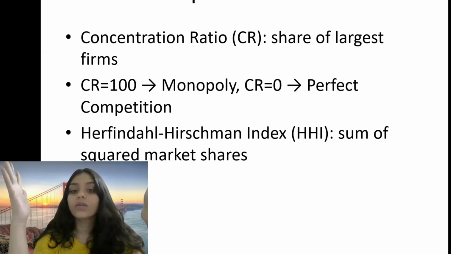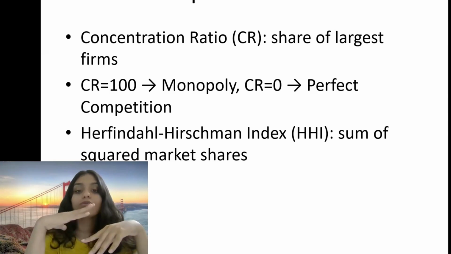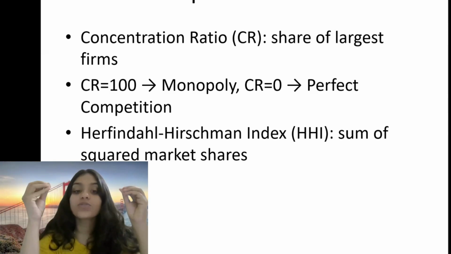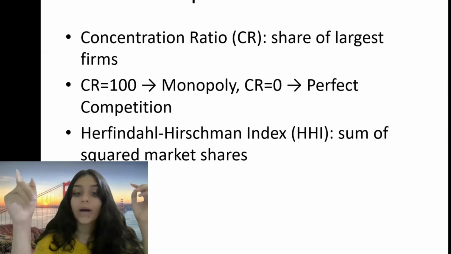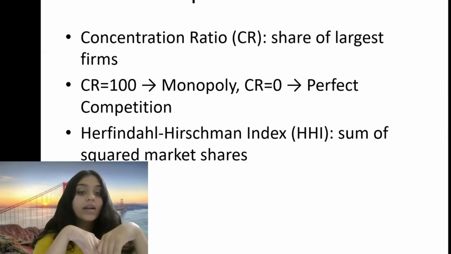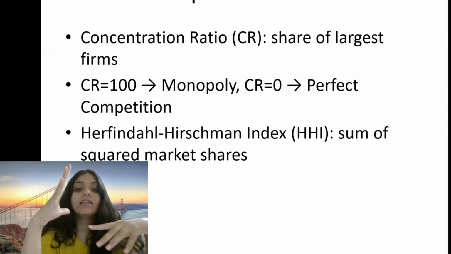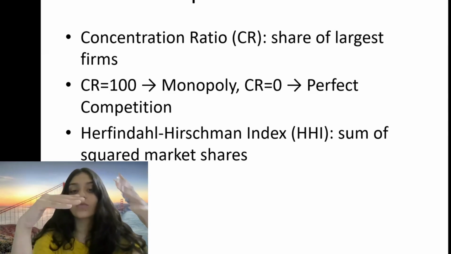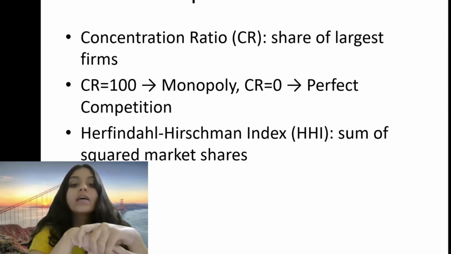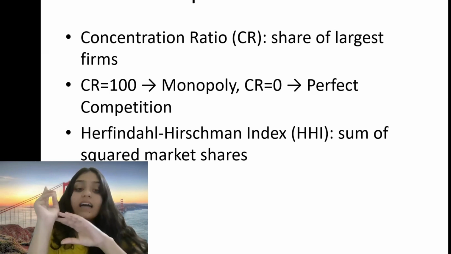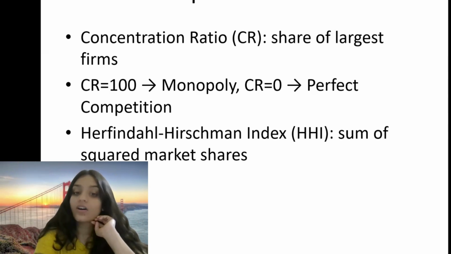Suppose two big firms are merging together. CR might not change much because of that, but in reality, the market power could have still increased a lot more than what this ratio shows. That's why we need another measure, that is the Herfindahl-Hirschman index.